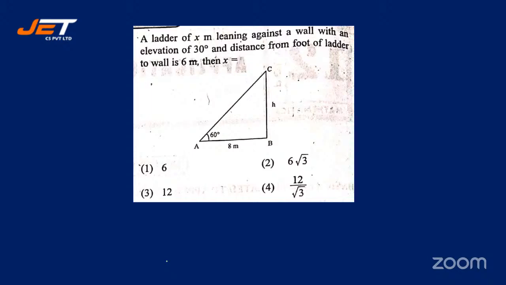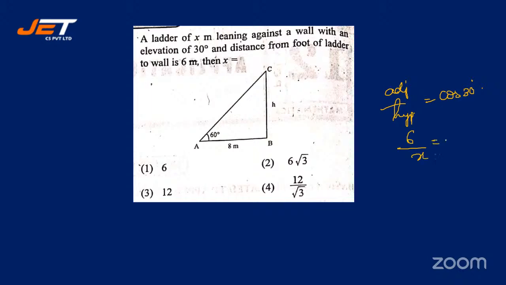Right. So here you can say that it is adjacent side by hypotenuse. So adjacent side by hypotenuse is nothing but cos 30. Isn't it? So it becomes 6 by x.